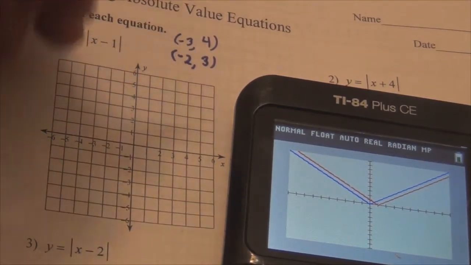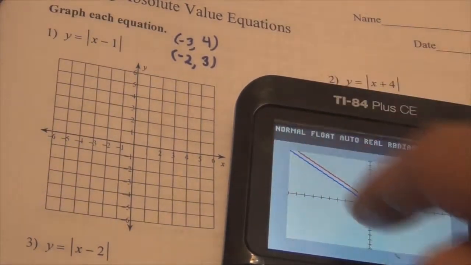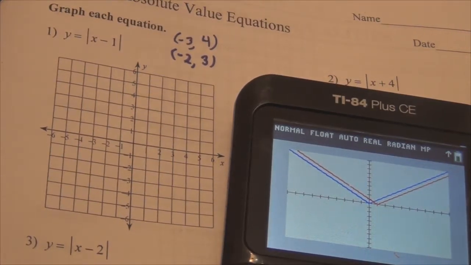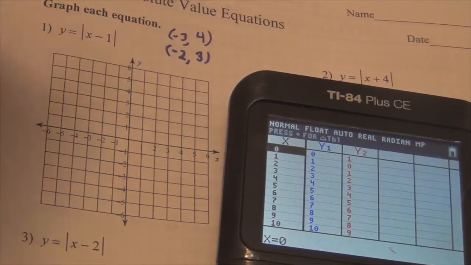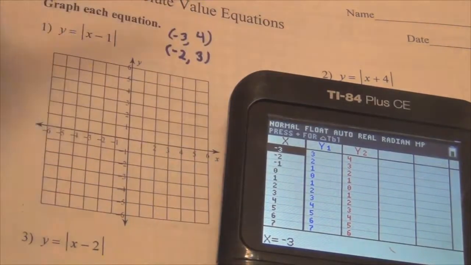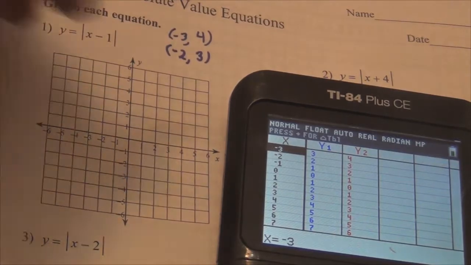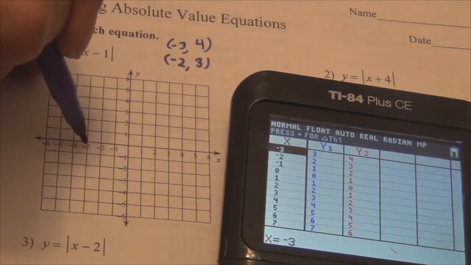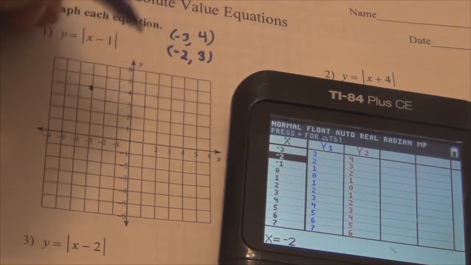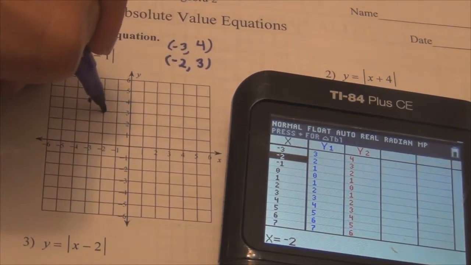Now I'm interested in the red one, so let's take a look at the table for the red one. You press second graph, and we have values. Negative 3, 4. So that's what I'm going to graph. Negative 3, 4. Then negative 2, 3.